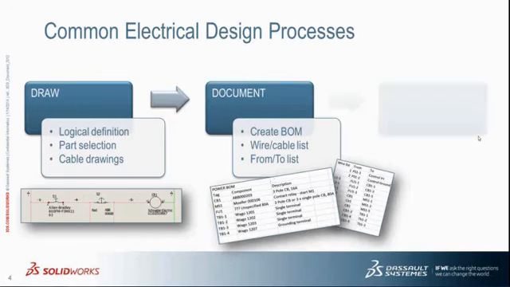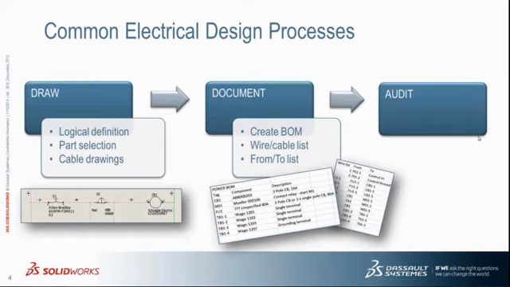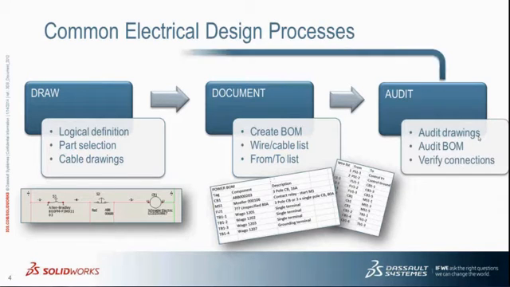Finally, since these spreadsheets are in no way linked to the original CAD files, all the documents must be regularly audited. The problem with ensuring these documents are accurate is that it becomes exponentially more complex as more designers collaborate on the project. And of course the challenge with this, since it's entirely manual, is that every time we make a design change in product development, we have to go back to the beginning and repeat these three steps over and over again.